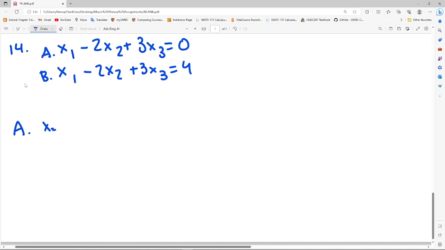So that means what we want to do is we want to get everything in terms of x1. So x1 is going to equal 2x2 minus 3x3. For this one down here, we're going to do the same thing. x1 is equal to 2x2 minus 3x3.